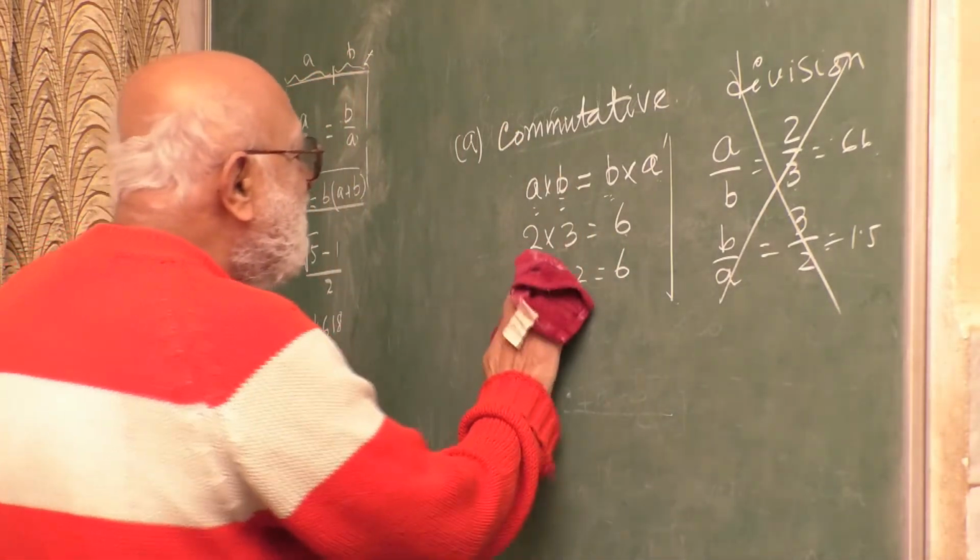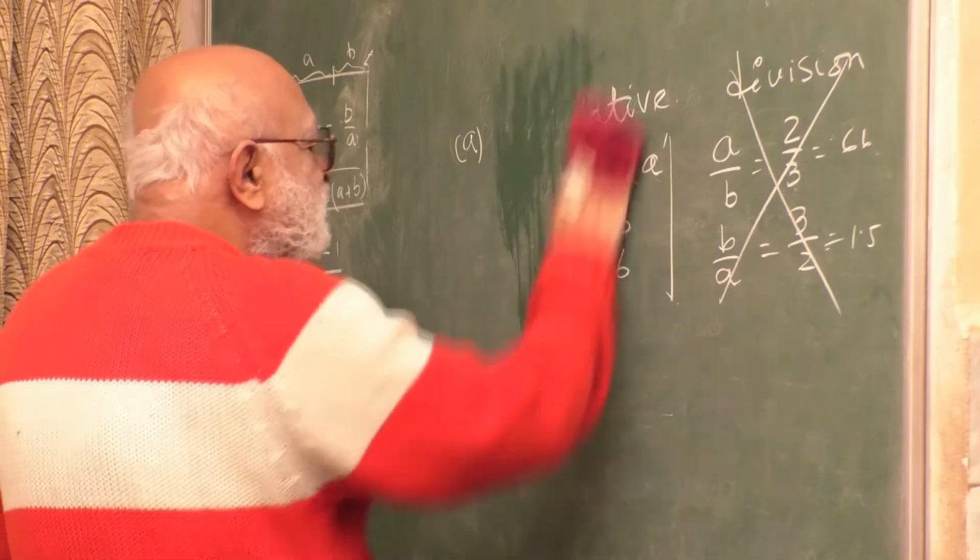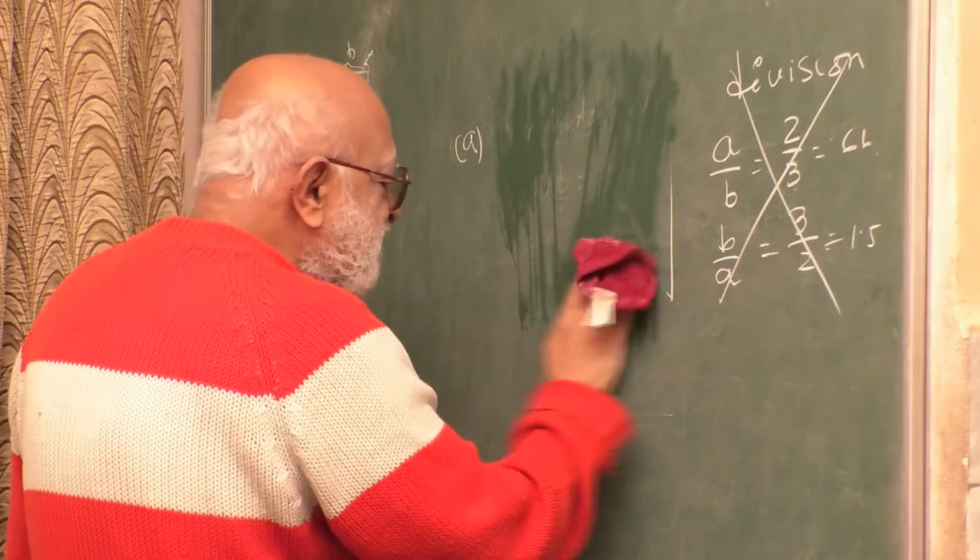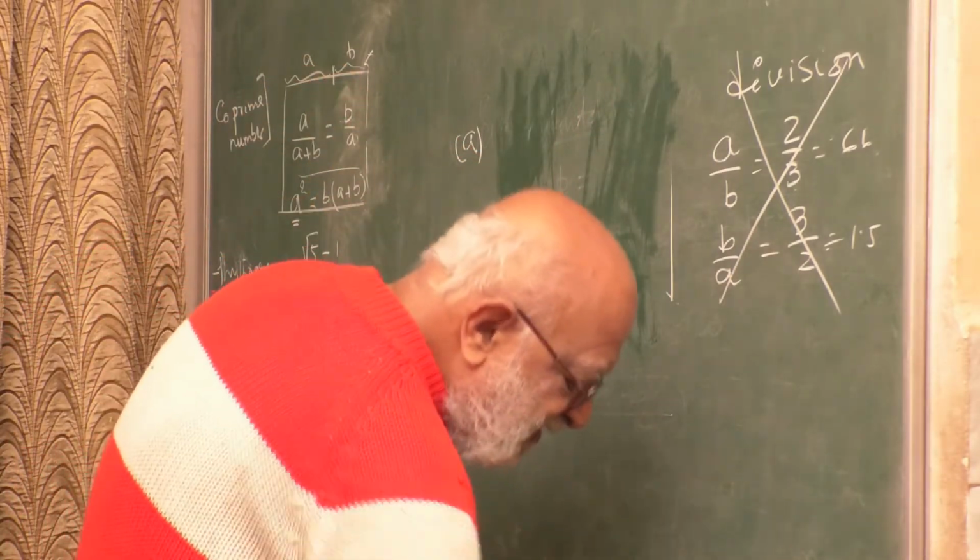Then again comes associative. Associative multiplication, what will be there?